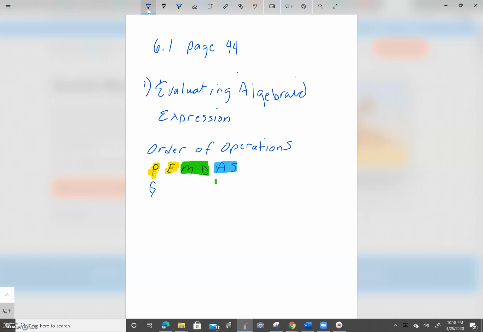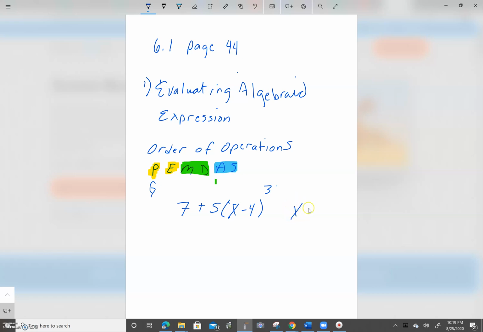Okay, so if you're following along in the book, example 1 on page 345 wants us to evaluate using the order of operations, and it gives us the expression 7 plus 5 times the quantity of x minus 4, and then that is cubed. And it wants us to evaluate this for x is equal to 6.